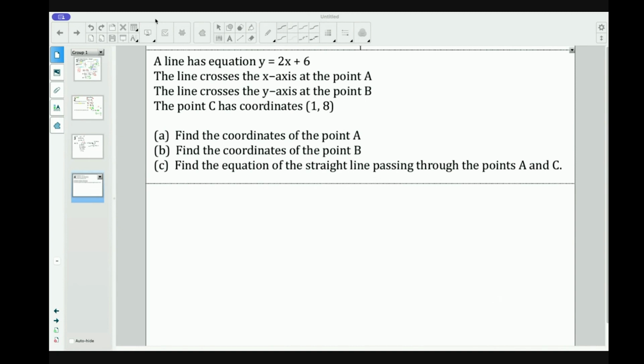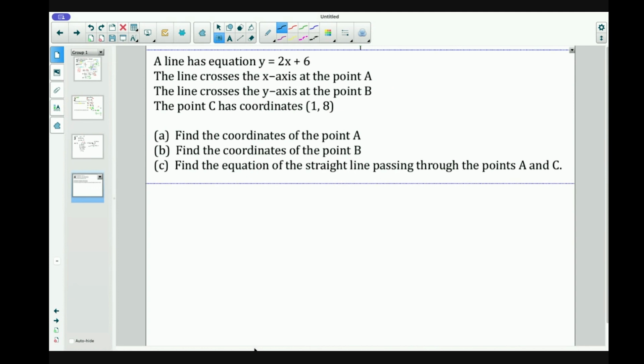So I got -3, 0 for A. That is absolutely correct. Anyone get anything for B? 0, 2. That is also correct. Or sorry, not for that one. We're close. Not quite.